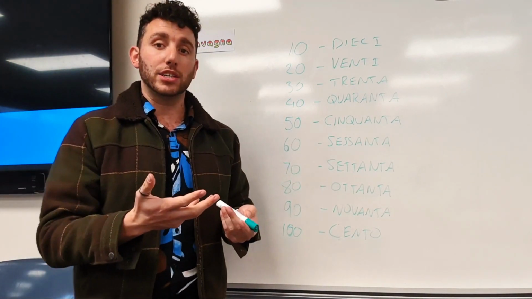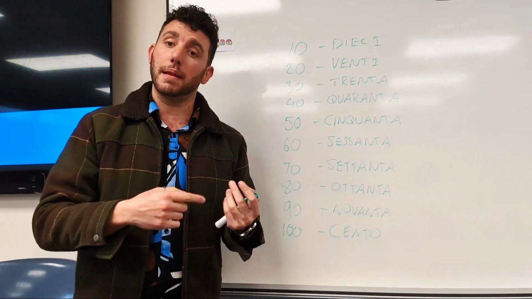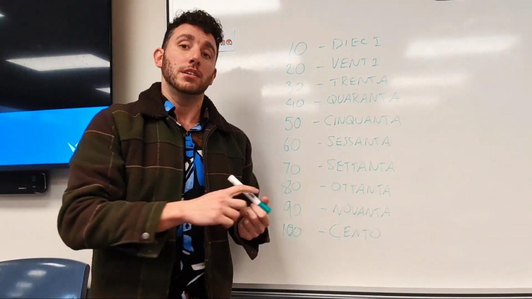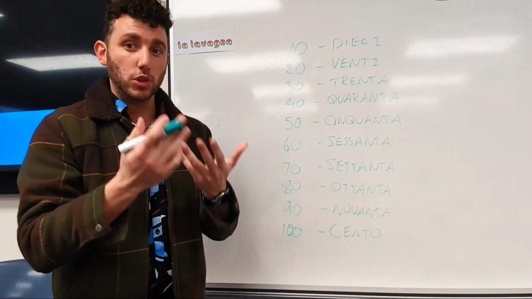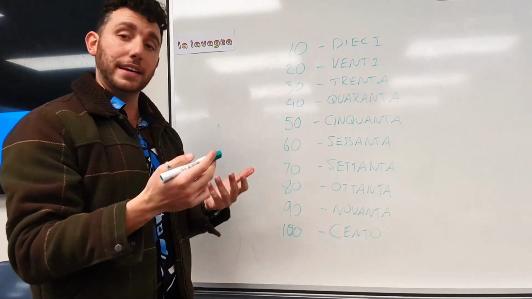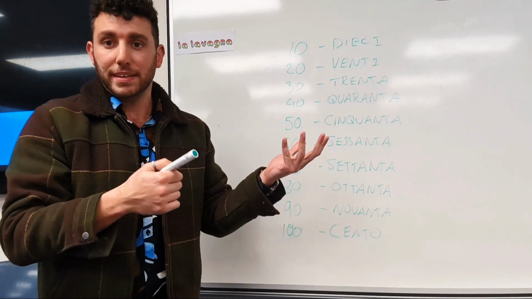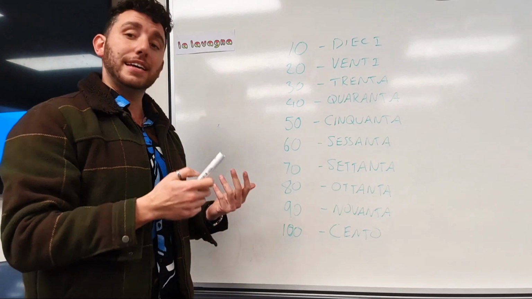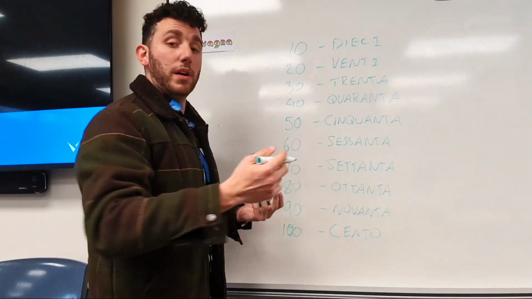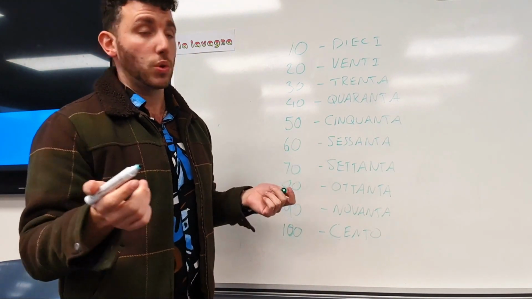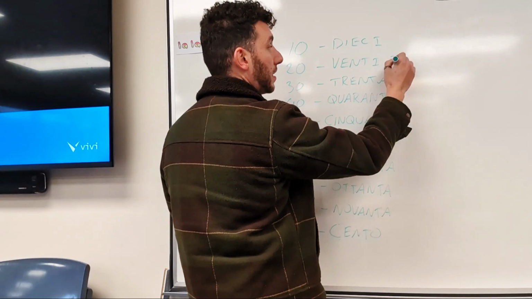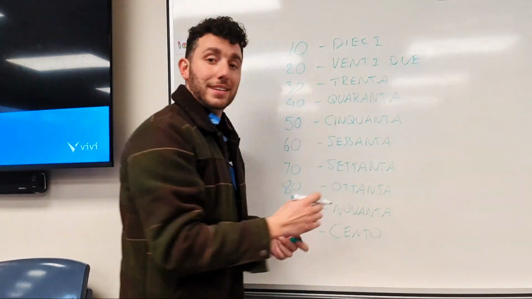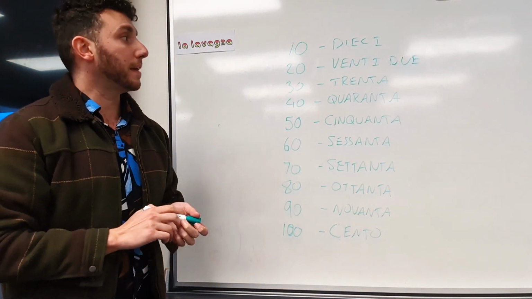Much like English, we just want to take the single digit number and put it after this 10. So for example, if I wanted to say 22 in English, I would say 20 and 2, 22. Italian is the same. We would take the word for two in Italian, which is due, and we would just put it at the end. It is that simple, 22.